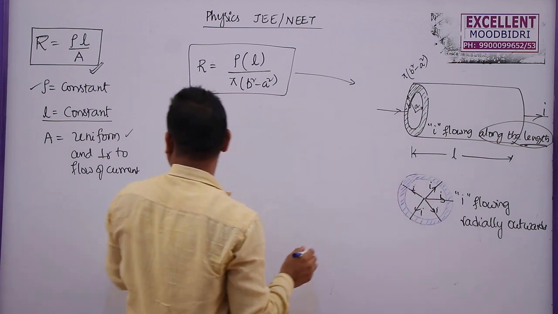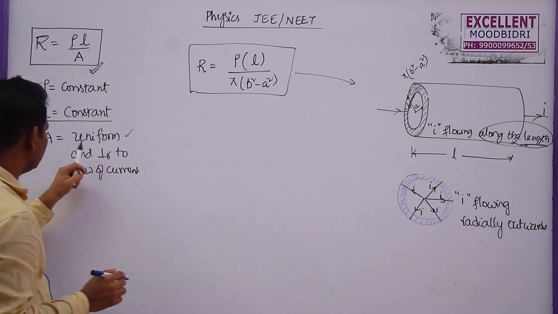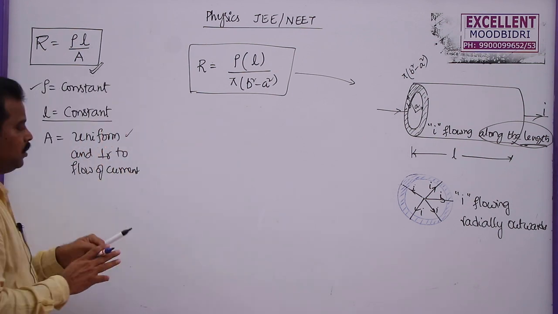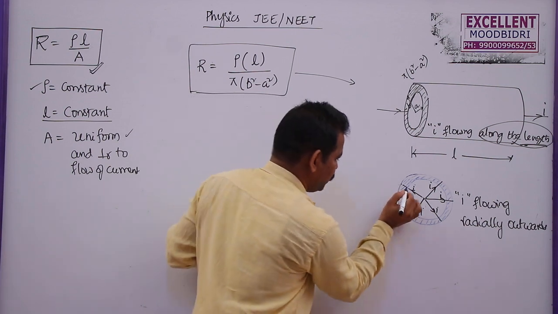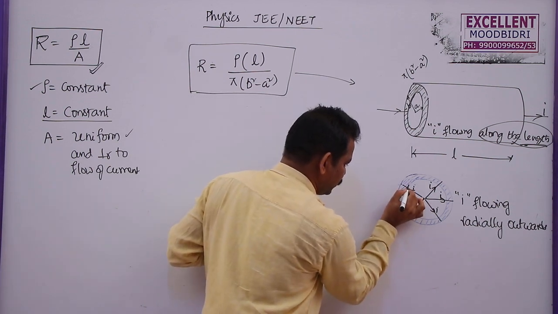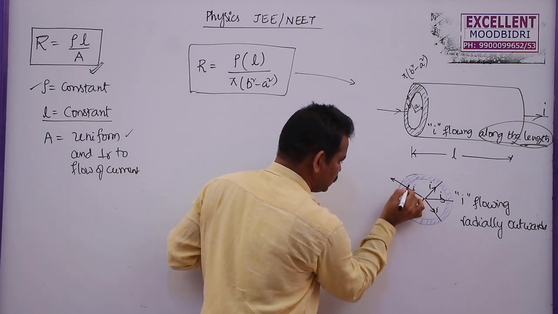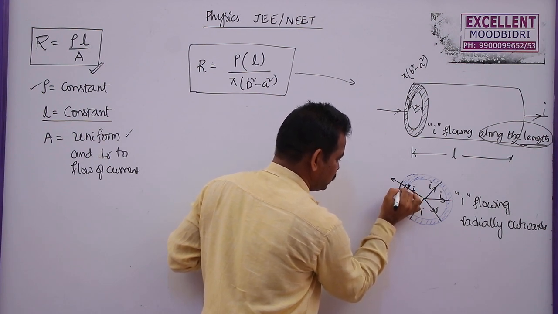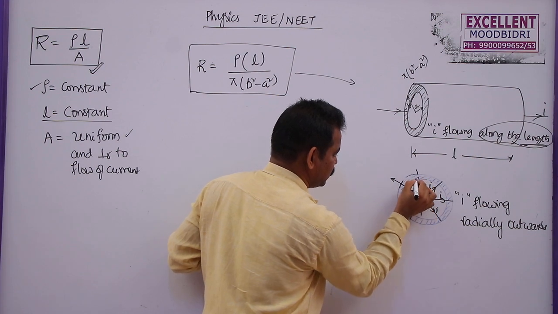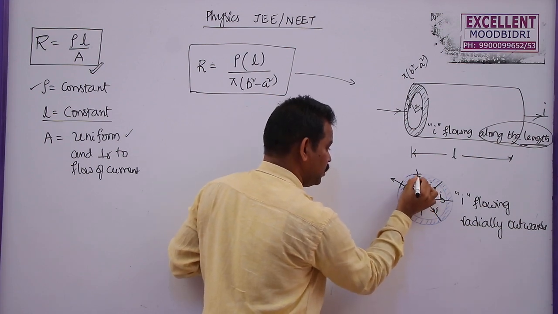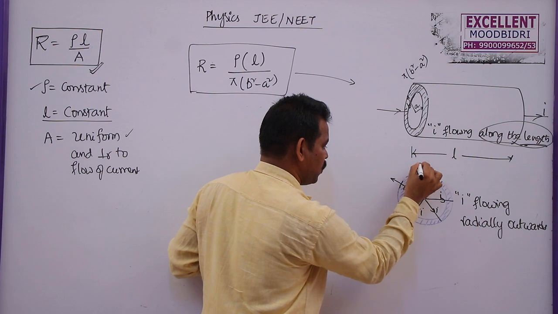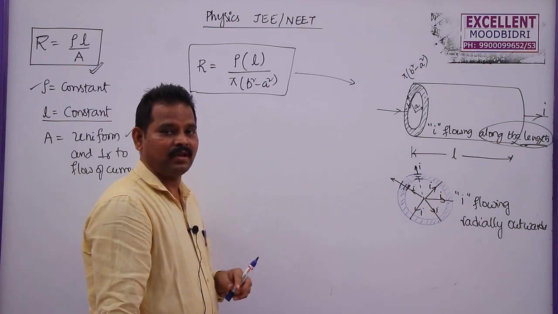But what about the area of cross section, whether it is uniform and perpendicular to the flow of current or not? Here, if you take this one, current is flowing like this, this is the area. Here also this is the area, and this is the area. So the area is perpendicular to the flow of current, but the area is not uniform.